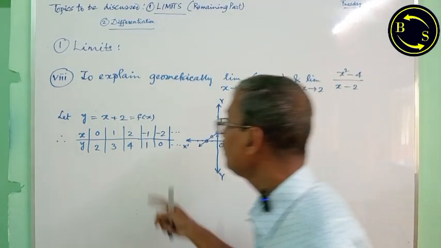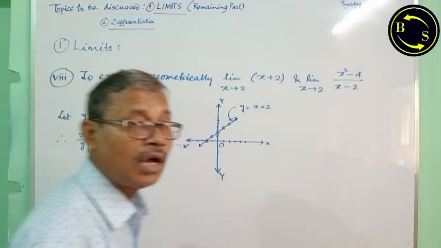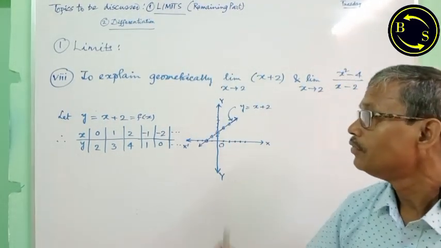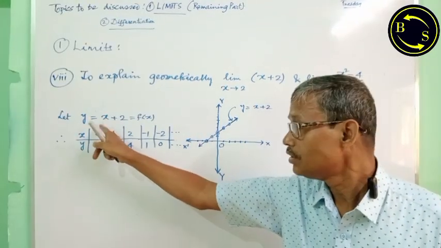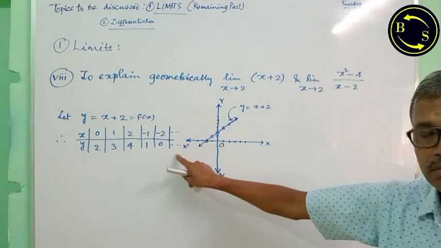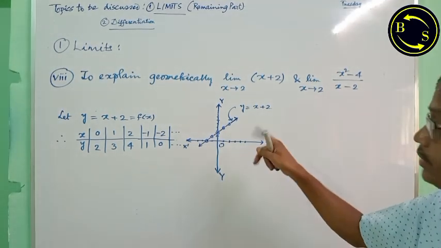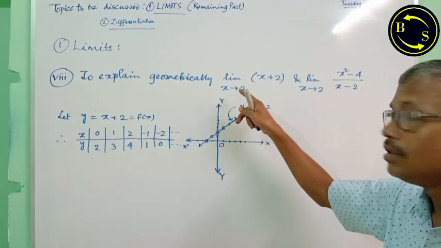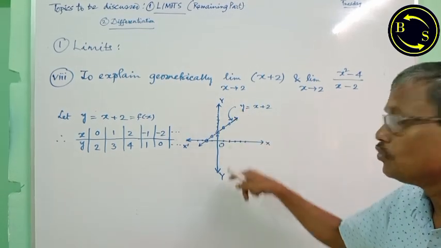First of all, I have taken f(x) equal to x plus 2, and in earlier classes we have drawn the graph of y equal to x plus 2, that is why I have taken y equal to x plus 2 and constructed this table, and I have taken two mutually perpendicular lines: the horizontal one is the x-axis and the one perpendicular to it is the y-axis.